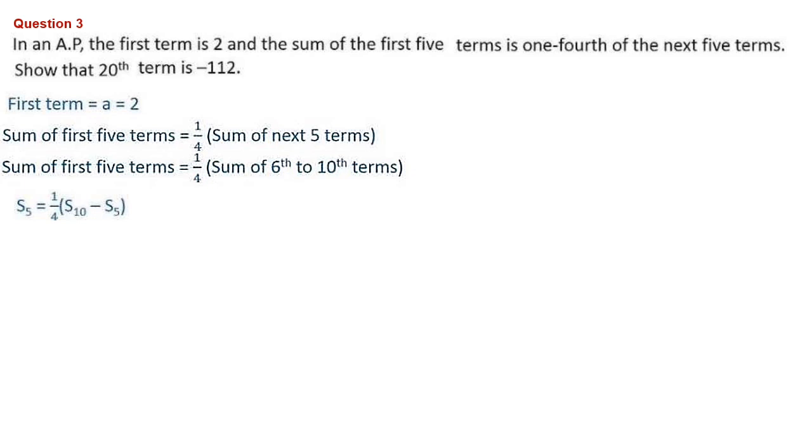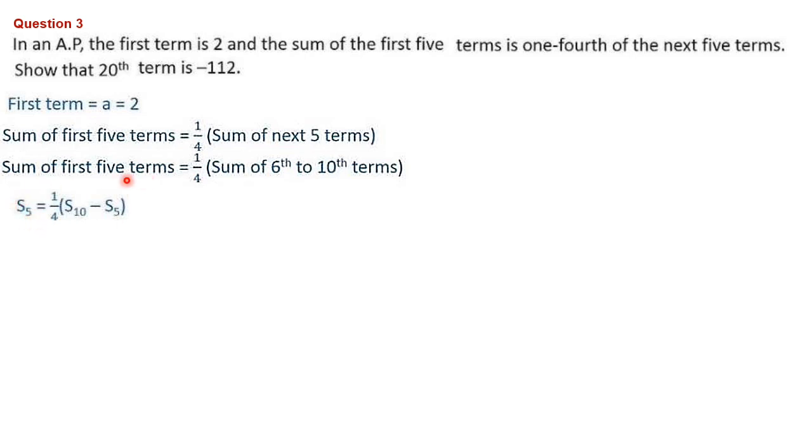Once again, sum of first 10 terms, if you add 1 to 10 numbers, you will get sum of first 10 terms. From there, if you remove the sum of first 5 terms, you will get the sum of next 5 terms. So S5 is equal to 1/4 into S10 minus S5. Once again, we'll explain here.